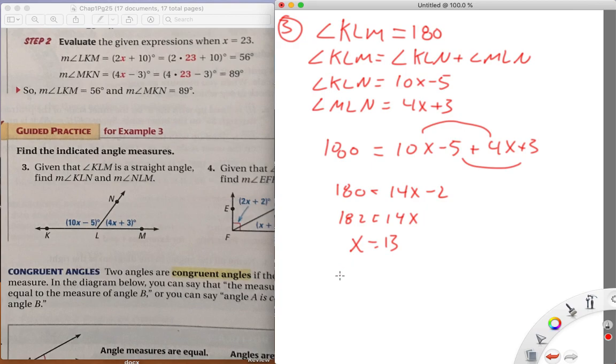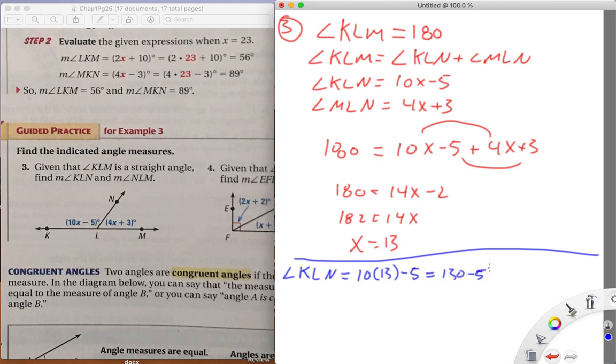But they want me to find the angles. So now that I know that x equals 13, I could find angle KLN, which is equal to 10 times 13 minus 5, which equals 130 minus 5, which equals 125.